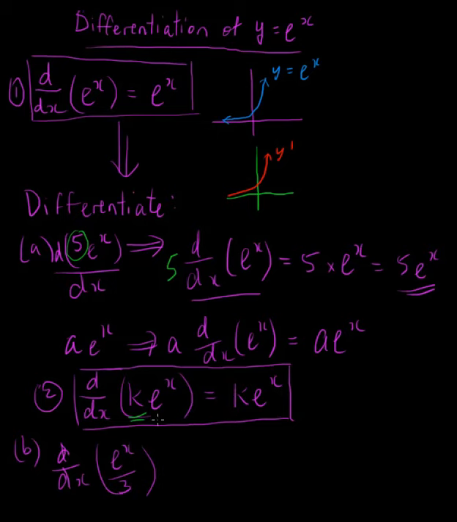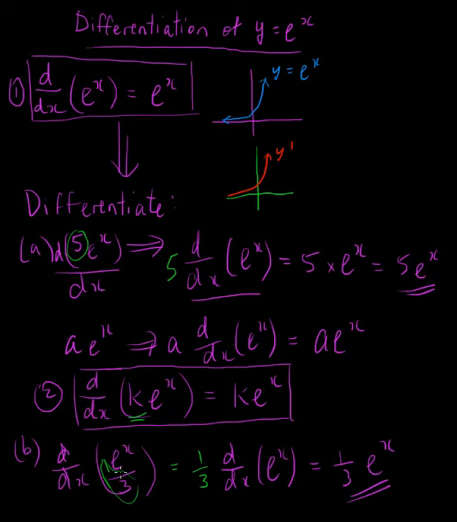Well, you should understand that the k part is the number 1 over 3. So you can take the 1 over 3 out, and so therefore you can differentiate the rest, and this will give you 1 over 3 e^x.